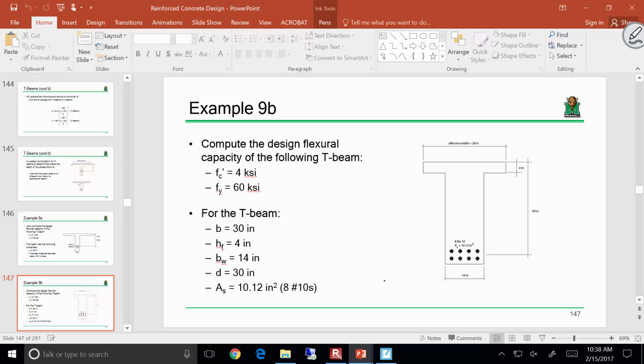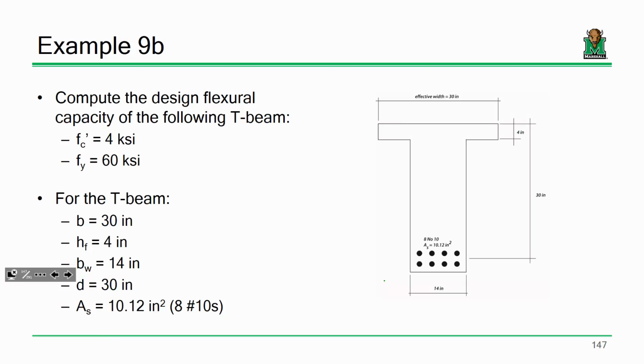Now, what I've done for this T-beam is a little different. So, same material properties, and really all I did was change up the dimensions a little bit. First off, instead of us having to compute an effective flange width like we did on the last one, I'm just giving it to you.